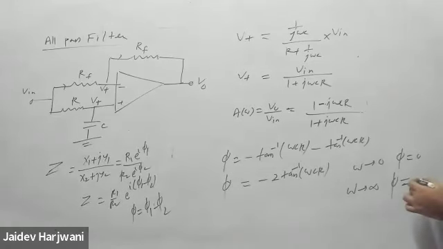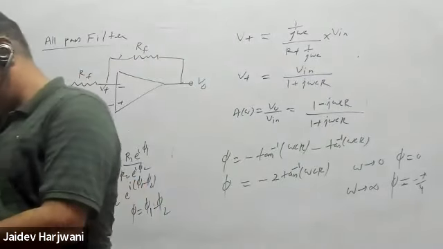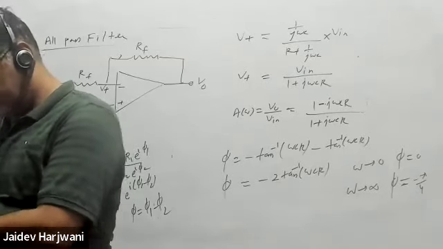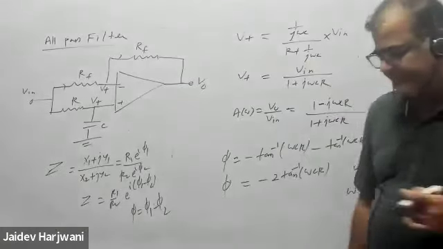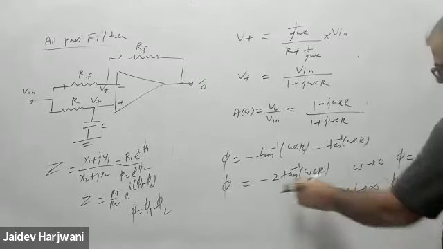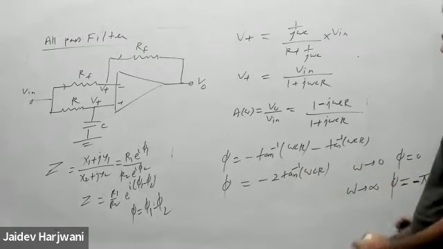So this will be pi by 2 minus pi by 4. It should be like this. Let me check. Pi by 2, pi by 2 add, so minus pi.